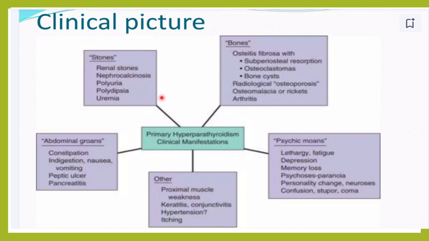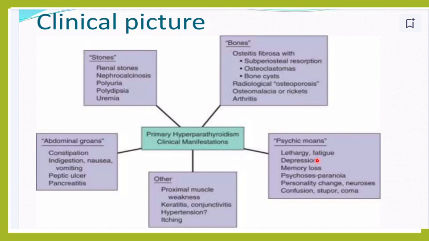The patient has stones, so he can have renal stones, nephrocalcinosis, because of which he'll have polyuria, polydipsia. There will be abdominal pain, so that is abdominal groans: constipation, indigestion, vomiting, nausea, peptic ulcer, pancreatitis. The patient can have psychiatric issues, so it's called psychic moans. The patient has lethargy, fatigue, depression, memory loss, psychosis, personality changes, confusion, coma.